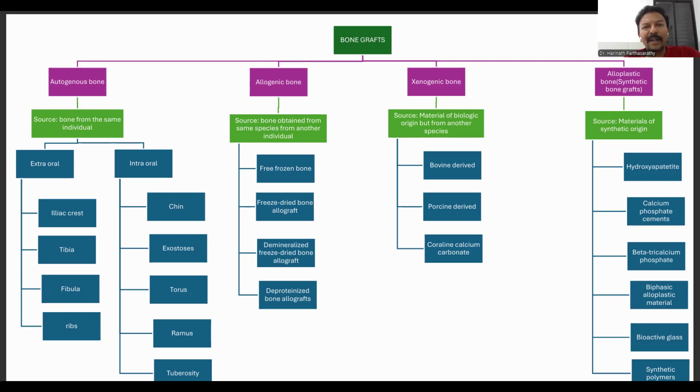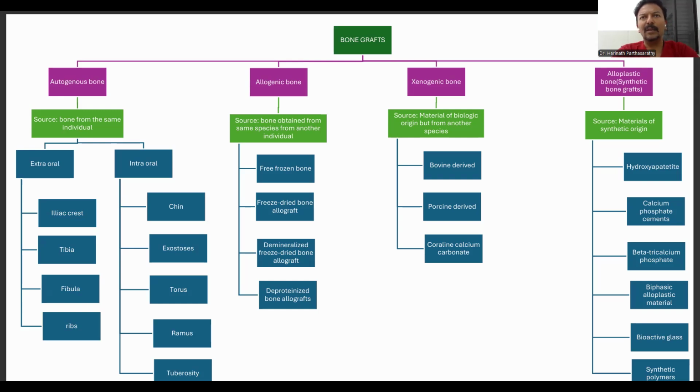So autogenous bone grafts are those type of bone grafts where the source of the bone graft is our own self. For example, if I'm doing a surgery on a patient and I'm going to use the bone graft harvested from the same patient, that type of bone graft we call autogenous bone graft.